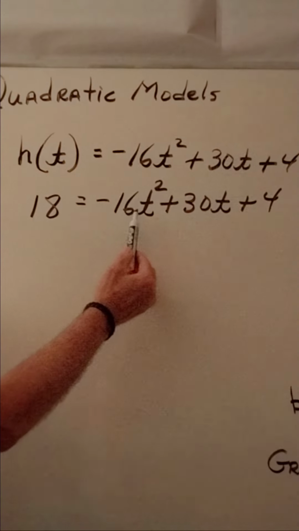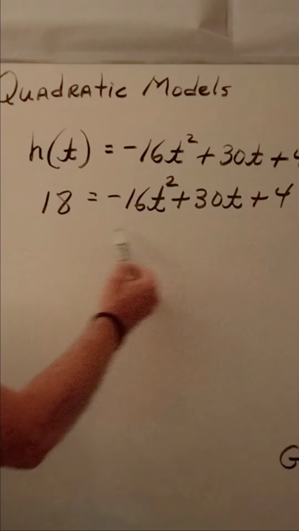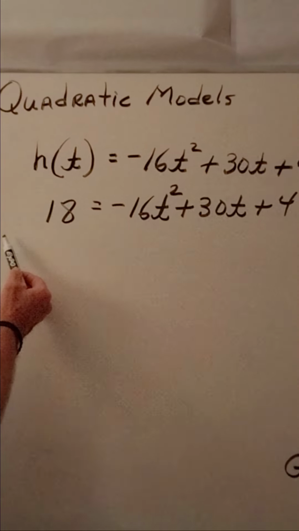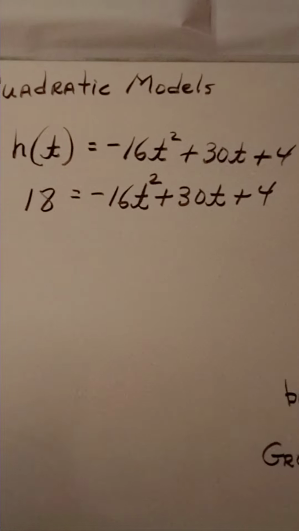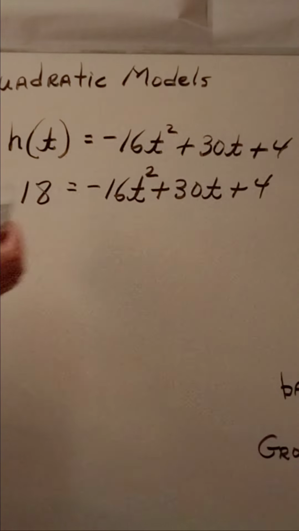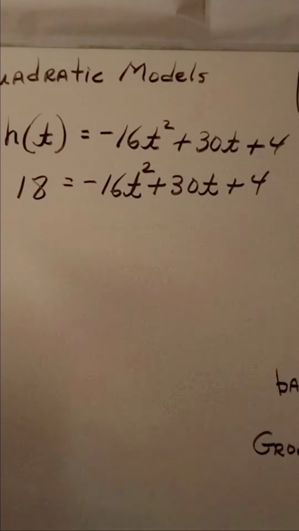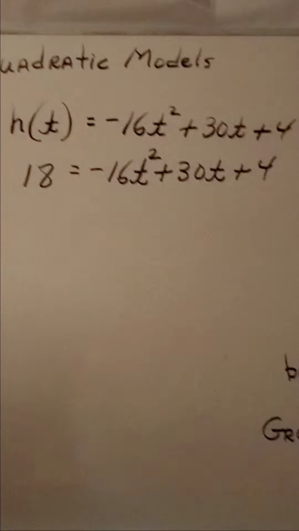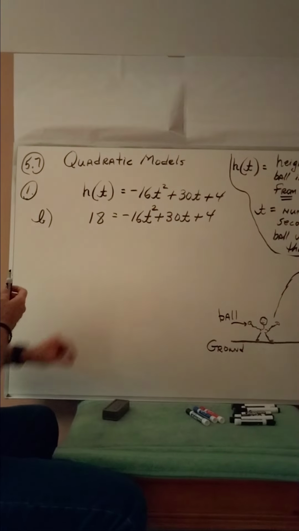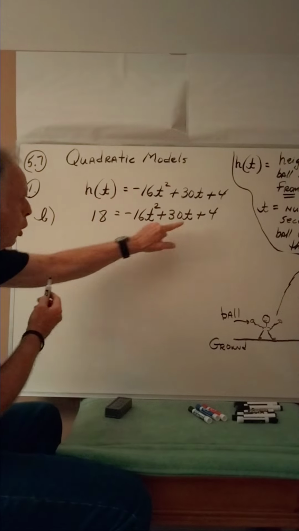Or you can move all three terms of this trinomial from the right-hand side to the left and have your 0 on the right-hand side. If we put all of the terms over the left, the coefficient of the negative 16t squared will become a positive 16t squared. But we can still get rid of that negative sign by factoring. So I'm just going to move the 18 from the left over to the right.